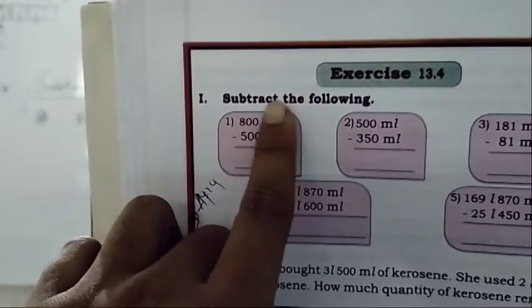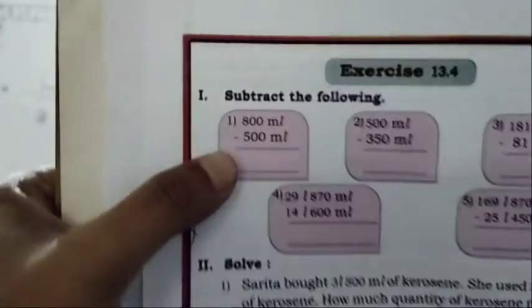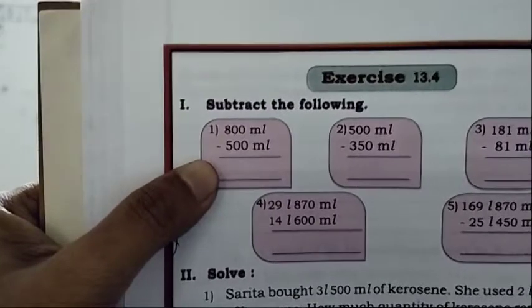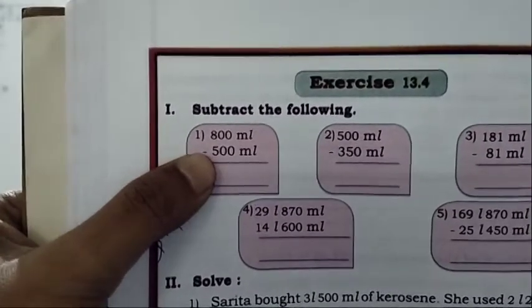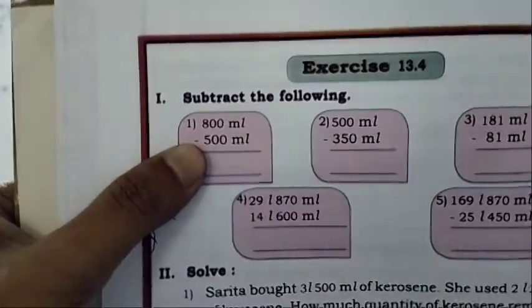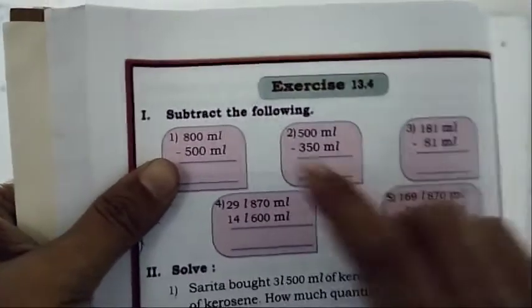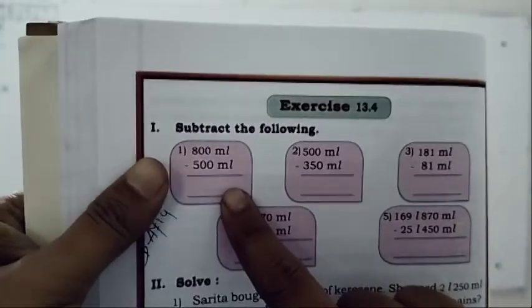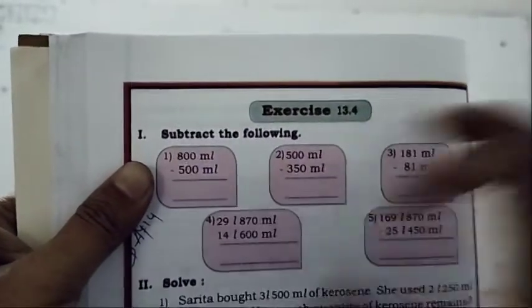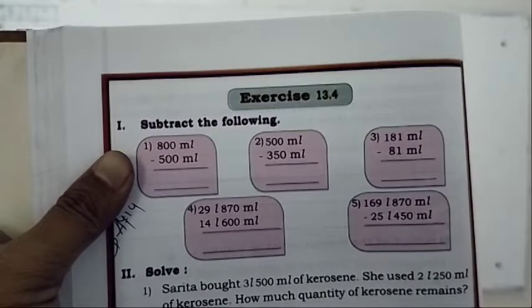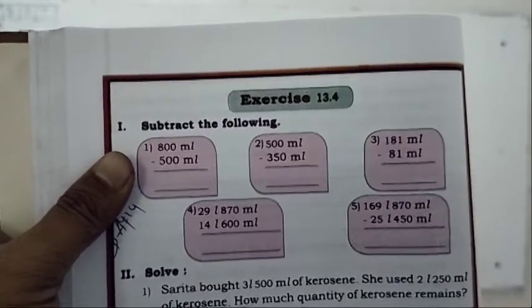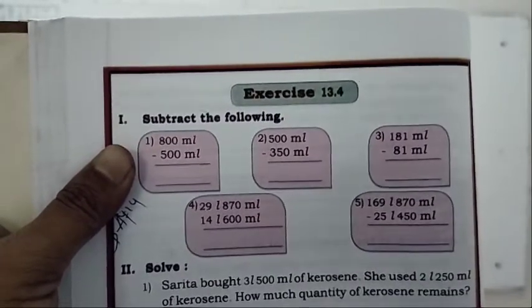Subtract the following. One is 800 milliliter minus 500 milliliter. It is very easy to subtract. First of all, you should solve in your textbook only. Afterwards, you should write in your notebook. Compulsorily you should do that homework. Then 500 milliliter, 350 milliliter, 181 milliliter, 81 milliliter.